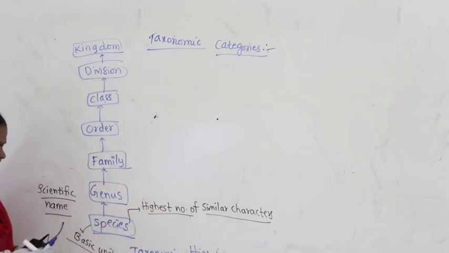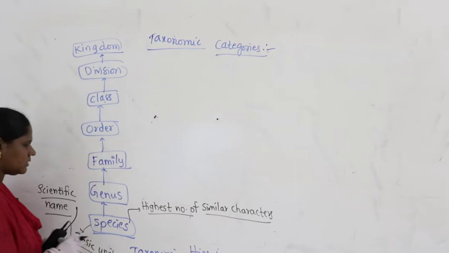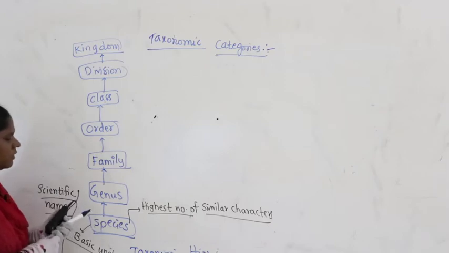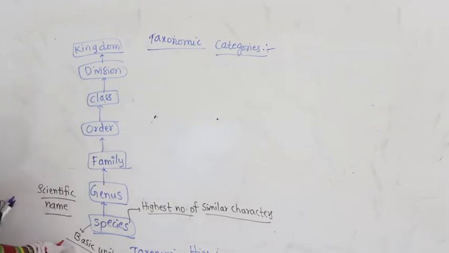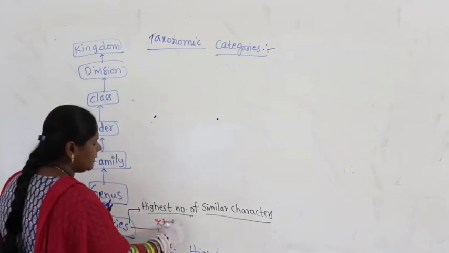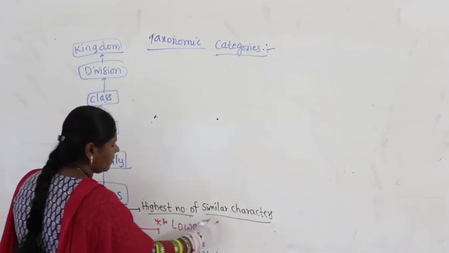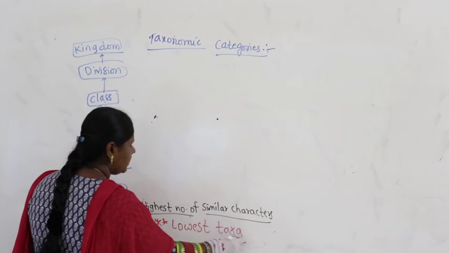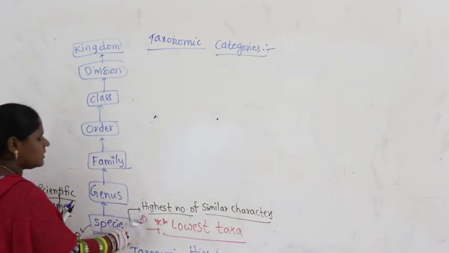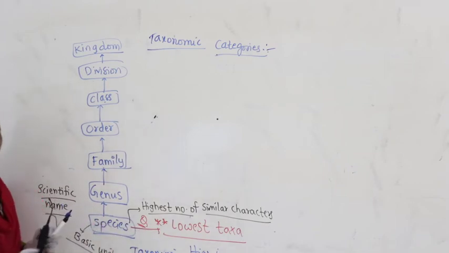So, the species is referred to as the lowest taxa. Species is referred to as what? Lowest taxa, meaning a basic unit. Whenever you get the question which is called the lowest taxa, it means species.